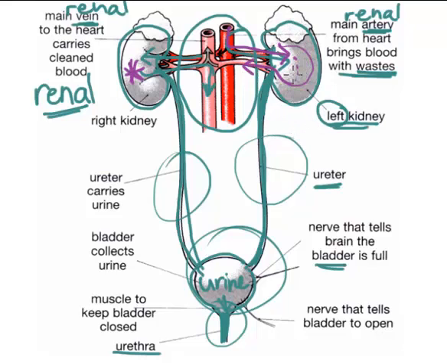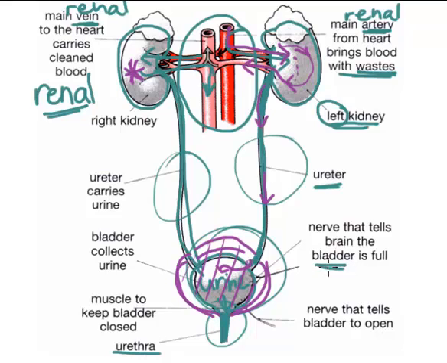And this happens continually, 24 hours a day. The urine that is produced is stored inside the urinary bladder. The bladder is made of tissue that is able to stretch, and therefore the bladder can grow in size and store the urine inside it.